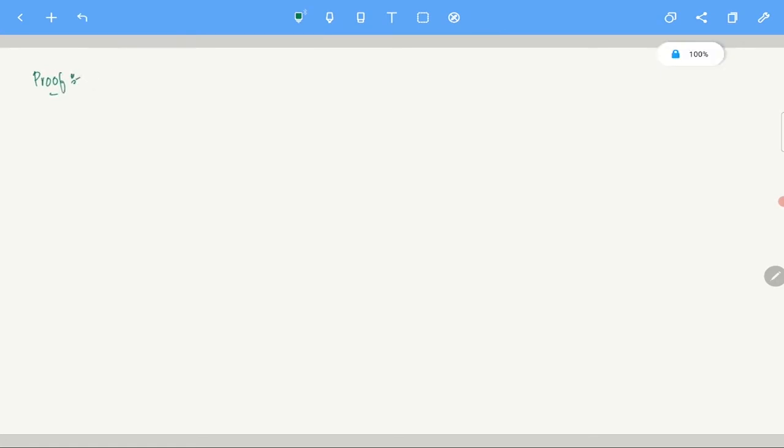Proof. See, first of all, if n is odd, okay, then n by 2 plus 1, the box function of n by 2 plus 1, that is given by, of course, (n plus 1) by 2. Yeah, that's fine.